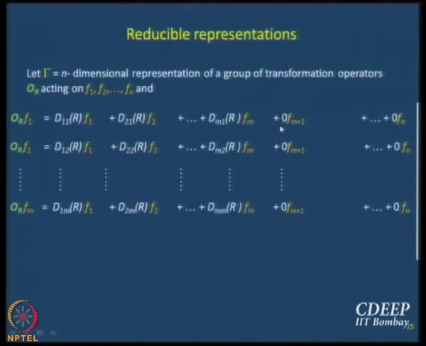The coefficients of all the functions beyond Fm are 0 for the transformed functions ORF1 to ORFM.